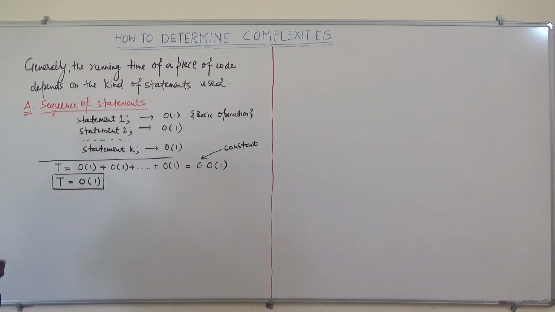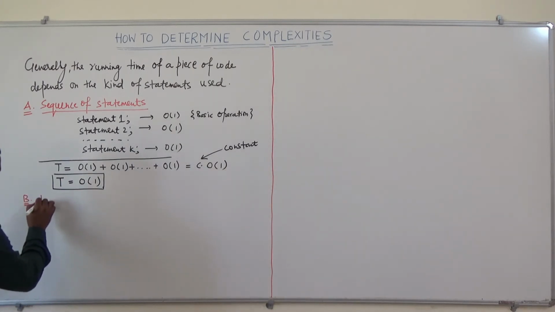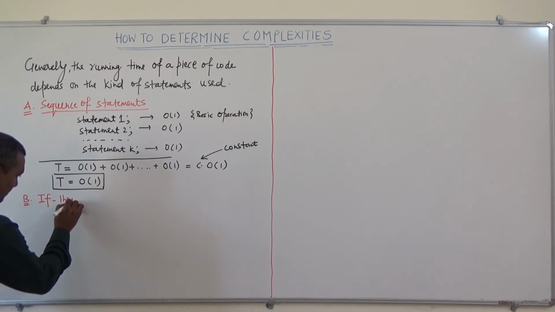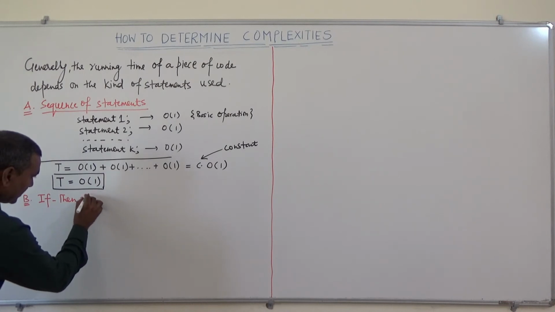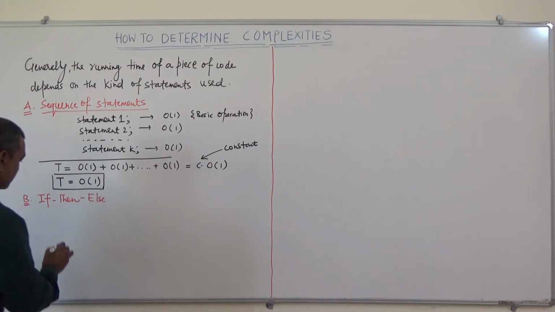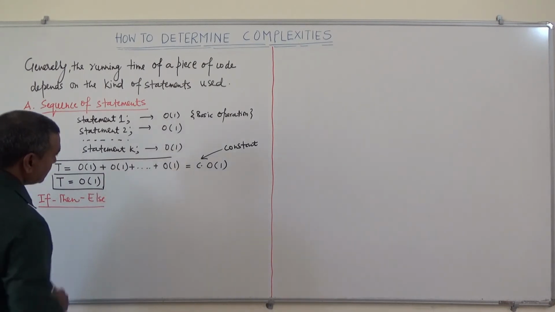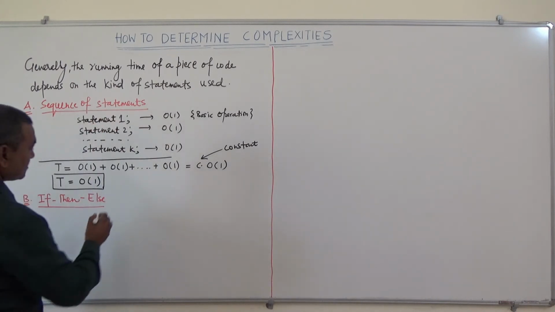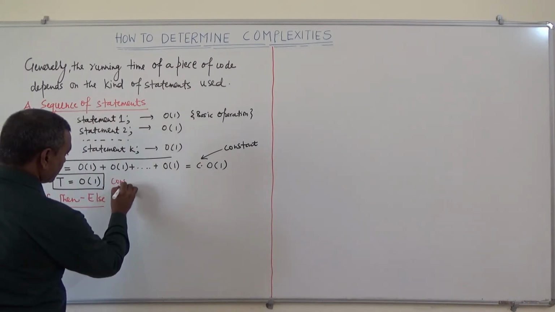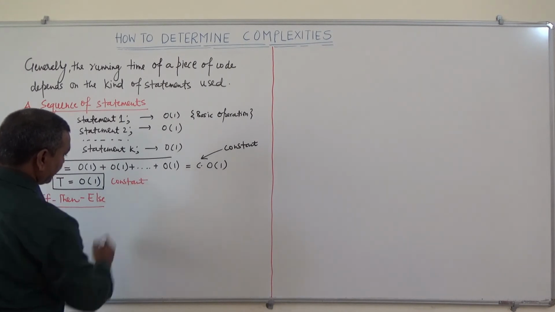Now the second one is the if then else block. This sequence of statements is also known as constant time complexity.